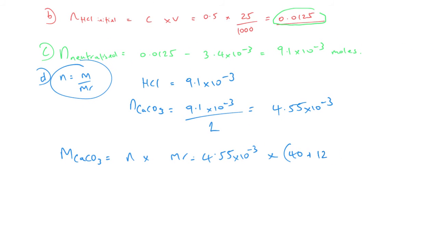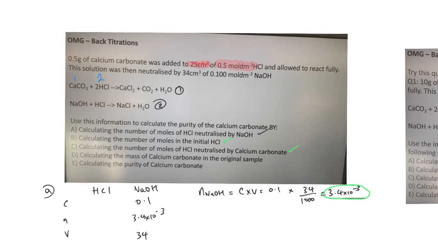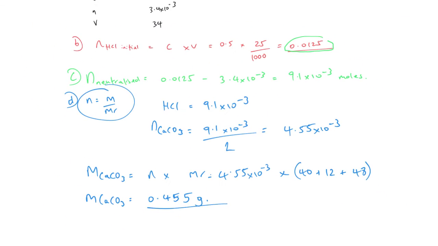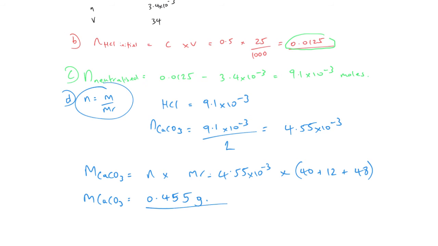I've got 1 carbon, so 12, and I've got 3 oxygens. 3 times 16 is 48. That gives me that my mass of calcium carbonate then is 0.455 grams. So I've done D now. Let's go back up to our tick list. I've done D. Move it back down so you can copy that in.